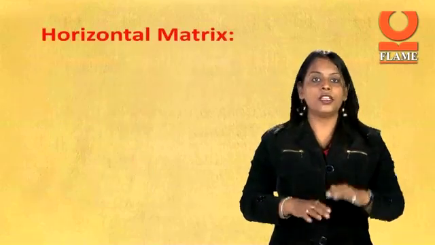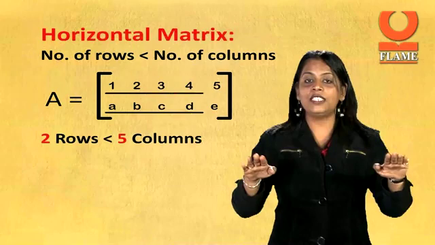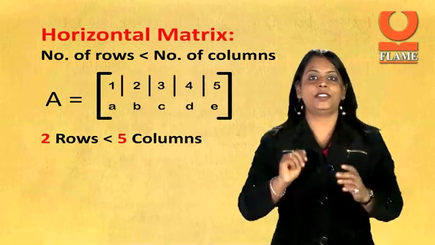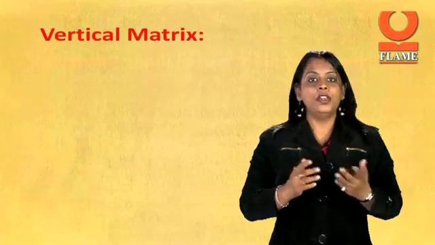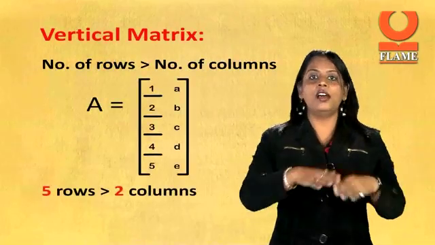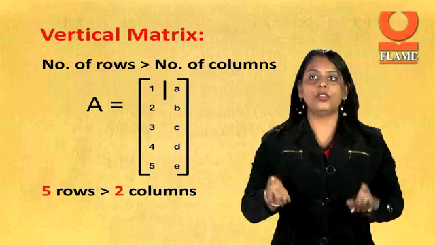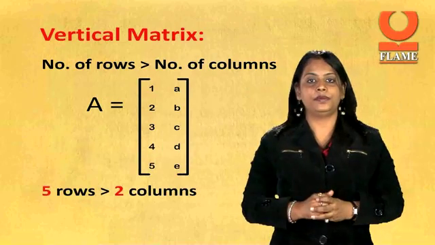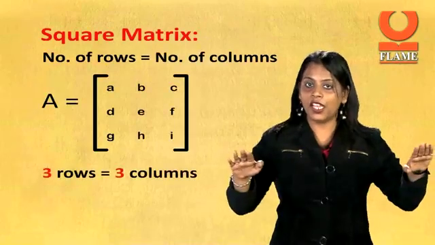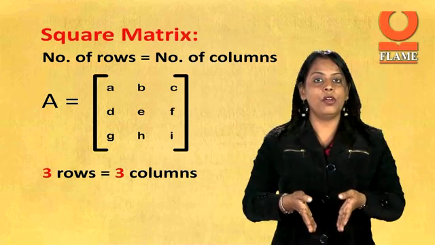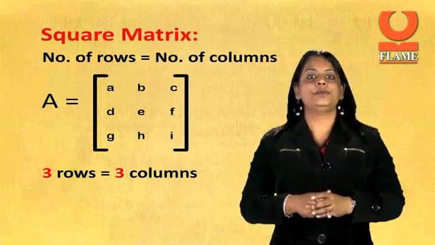Fourth, horizontal matrix. In this, the number of rows is less than the number of columns. Fifth, vertical matrix. The number of rows is greater than the number of columns.